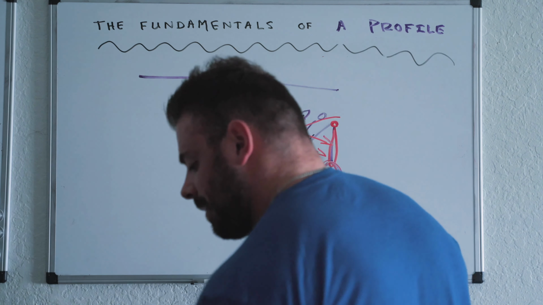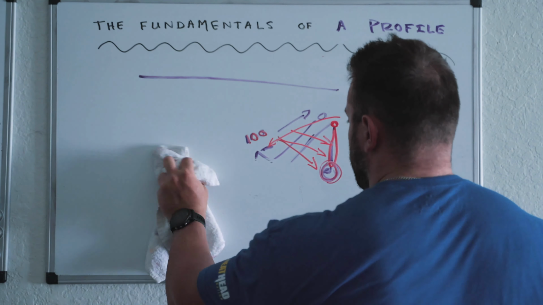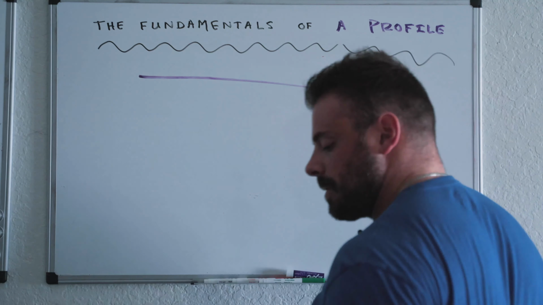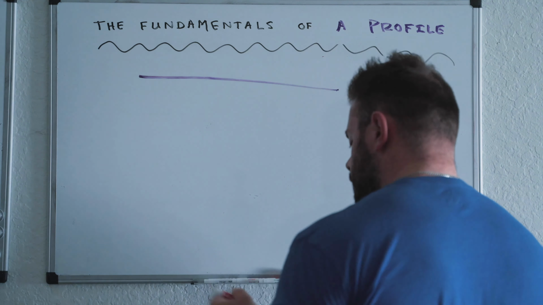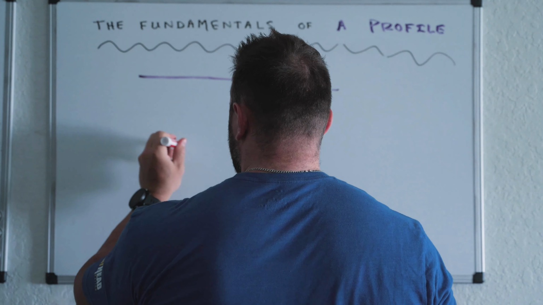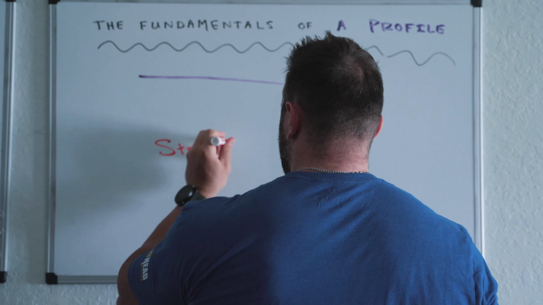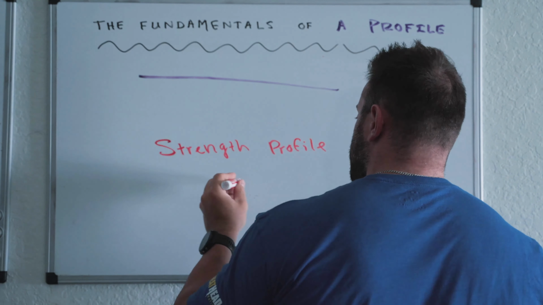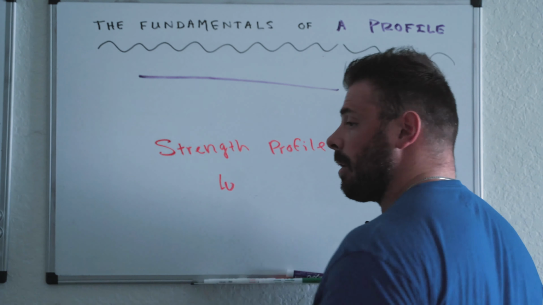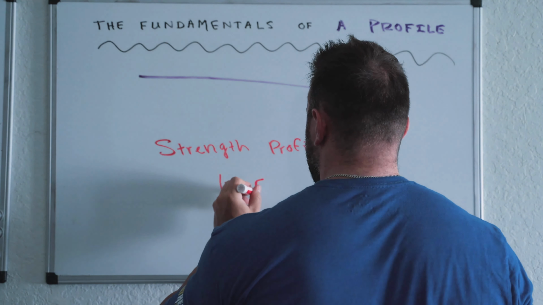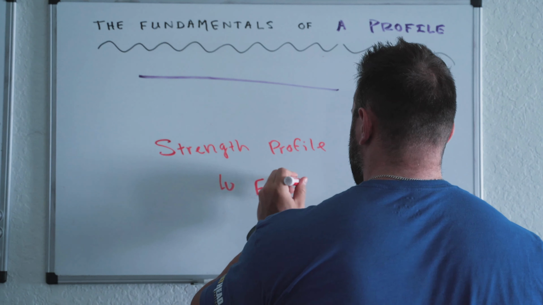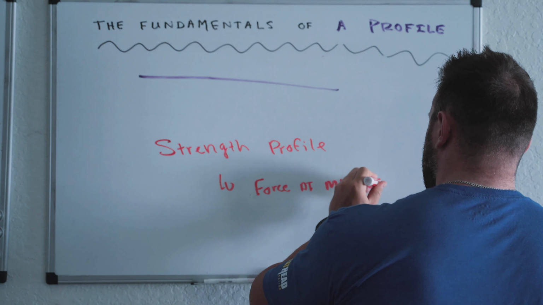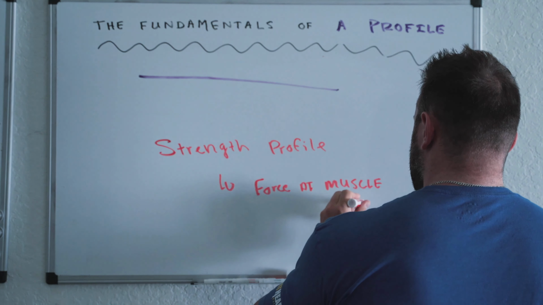Okay, so let's reel this guy back in, because I did go on a little bit of a tangent. What you have in all scenarios is that your strength profile for a muscle is showing, in a bell curve, its ability to produce force at various muscle lengths.